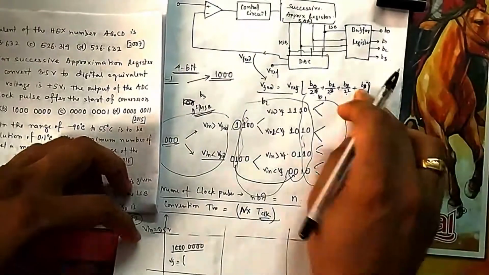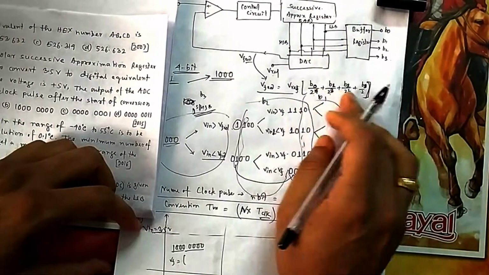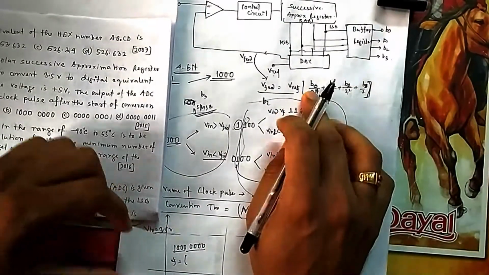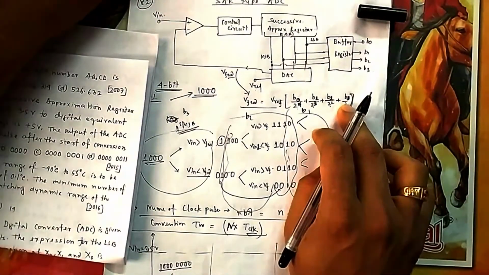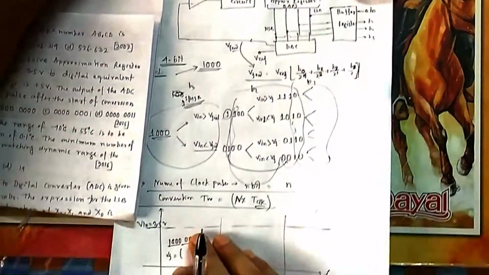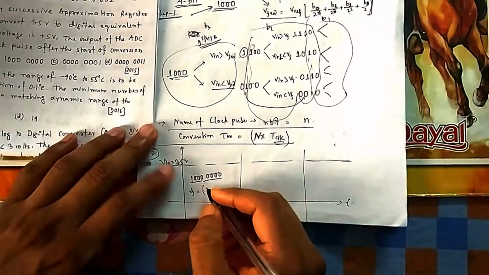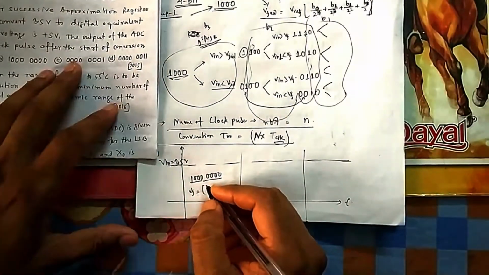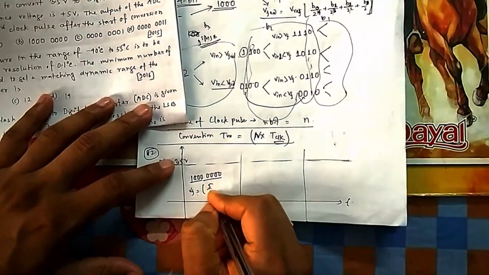It is B7 by 2, then B6 by 2 square, and similarly it will continue. All others are 0 here, only the last one, that is B7 by 2. So divided by 2, with reference voltage 5, it will be 5 by 2.